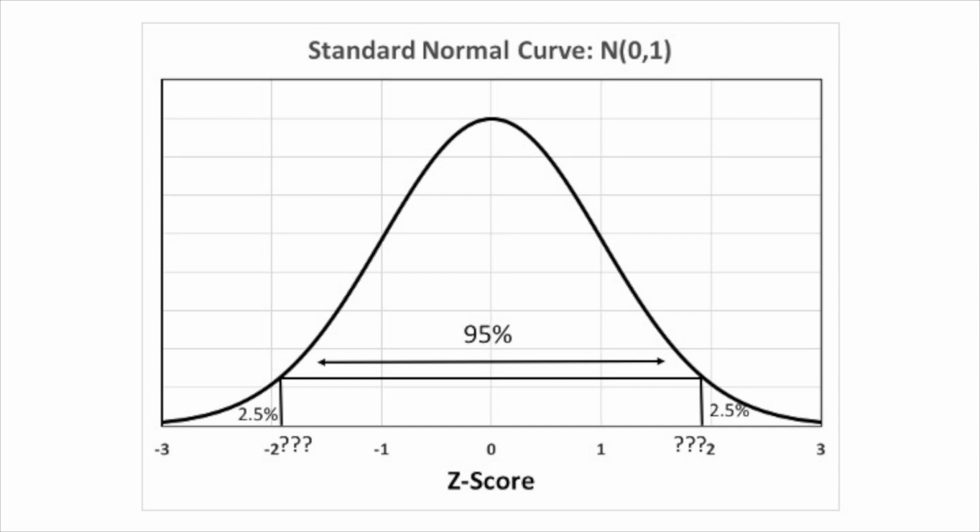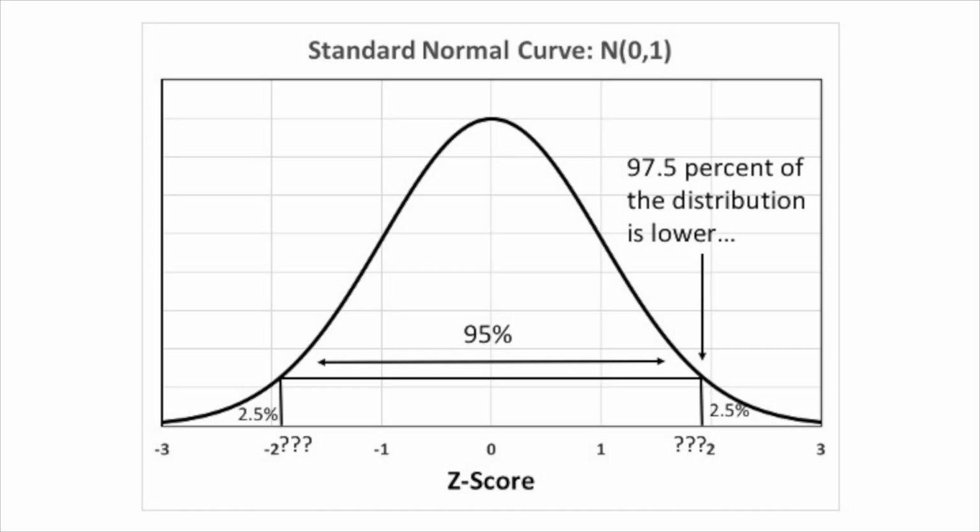You see it's symmetric, single-peaked, and bell-shaped, and it's centered around 0. I drew what would be about 2.5% in the upper tail and 2.5% in the lower tail. So that 95% in the middle is the confidence interval that you estimate. Of course, I put question marks because we don't know yet the z-scores that correspond with the top 2.5% and bottom 2.5% of the distribution.